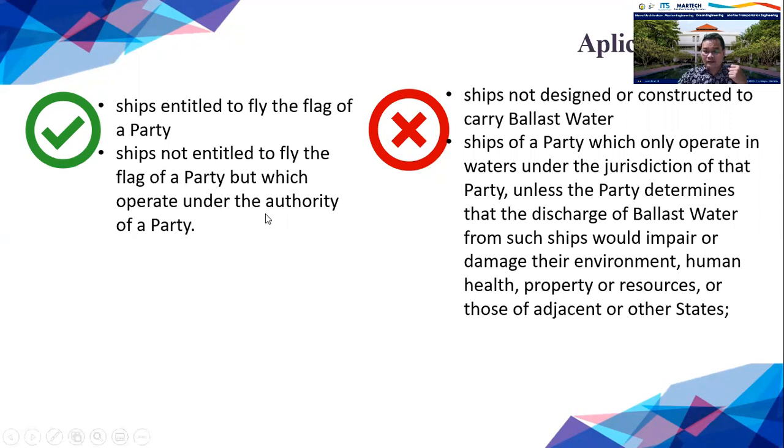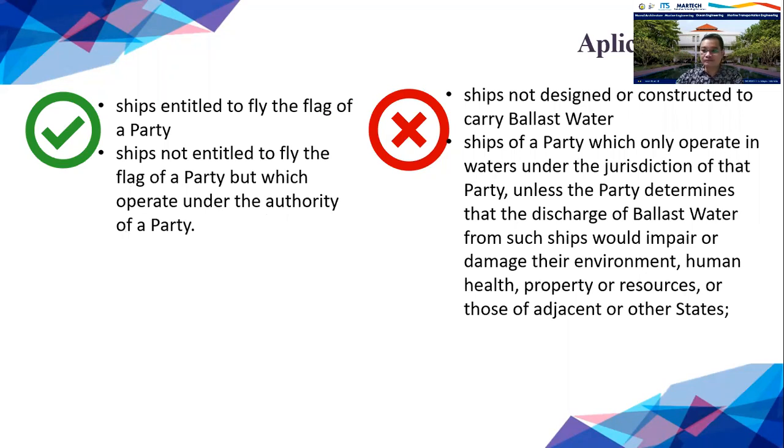It means when a ship is operated by a party, a state which is a party to the convention, I mean a state which has ratified the convention, that ship shall follow the International Ballast Water Convention, because a ship shall follow the regulation of a state.